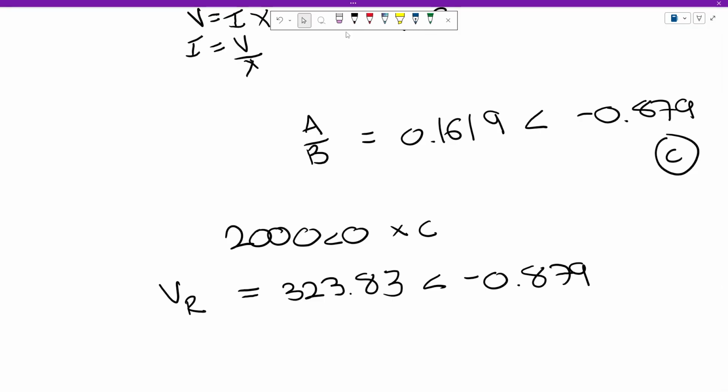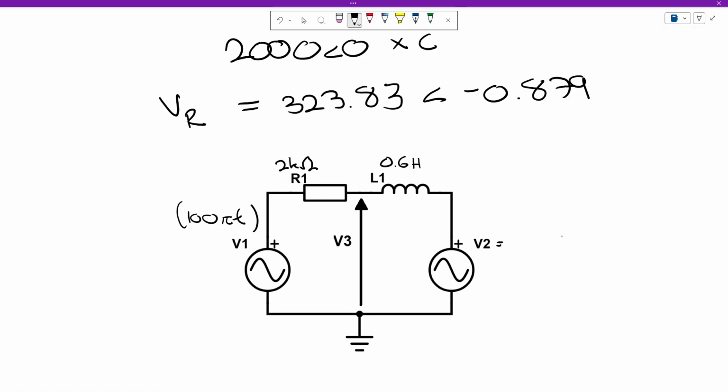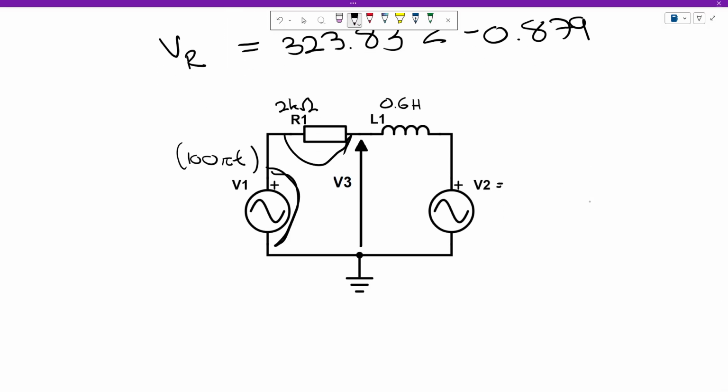Now that we have the voltage over the resistor, we have the voltage here, and we have the voltage here because it's given to us, we can simply add these two values. Or in this case, because we have V1 as acting this way, the resistance will be acting the opposite way.